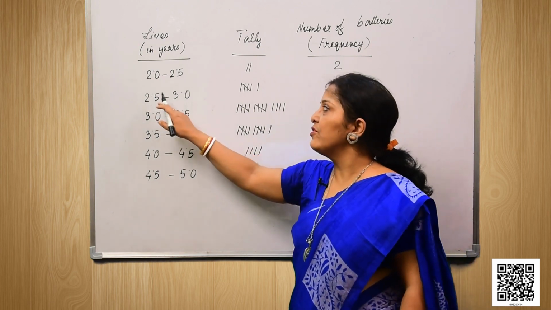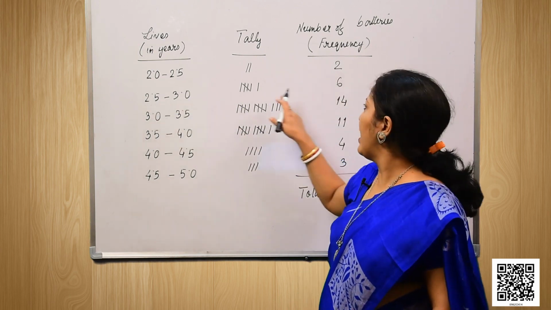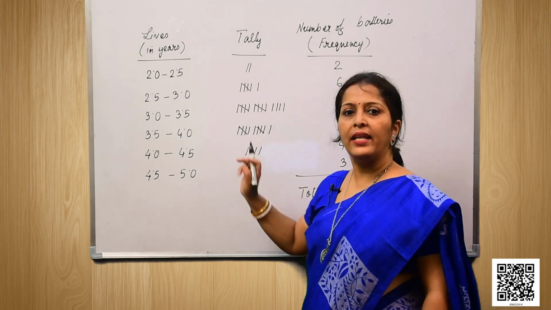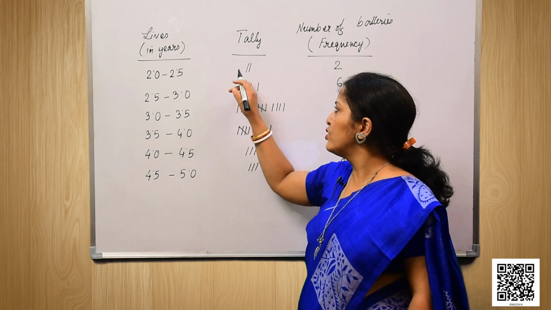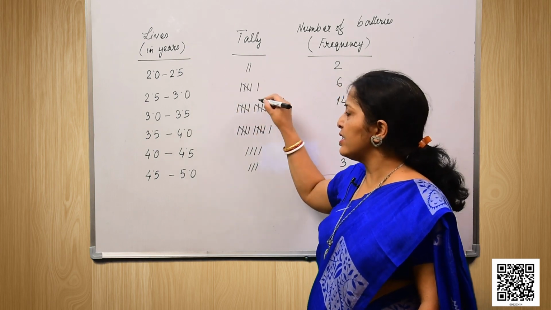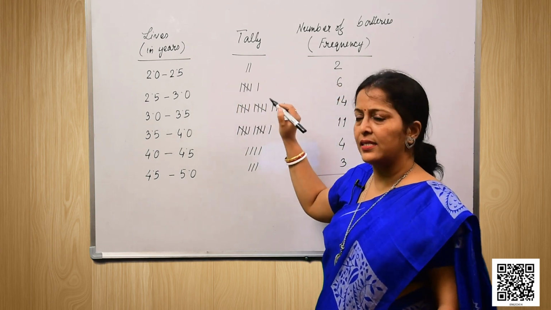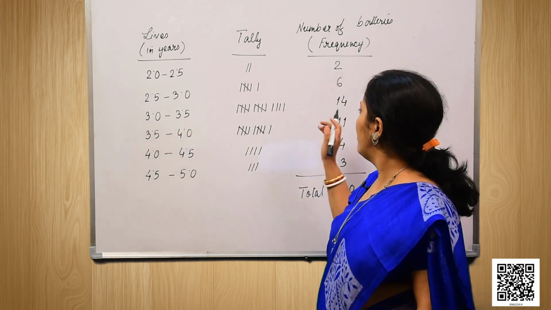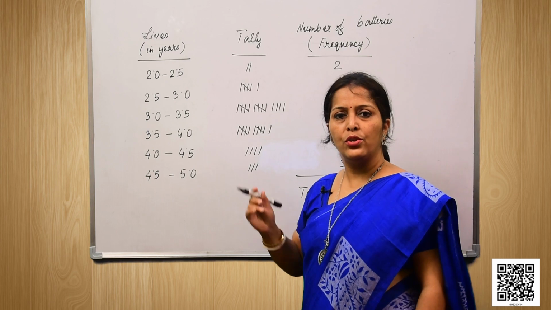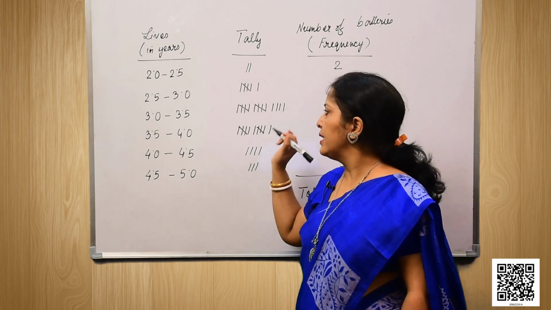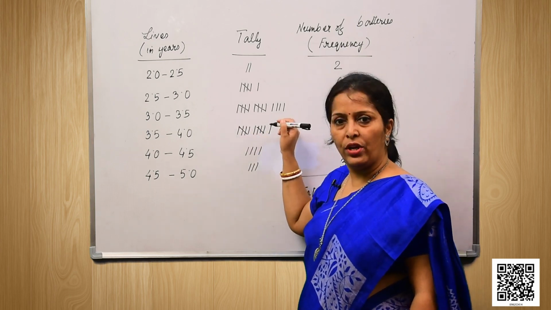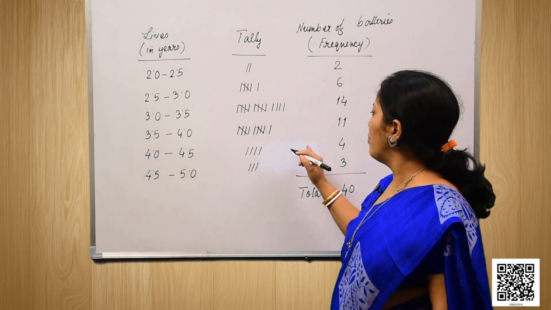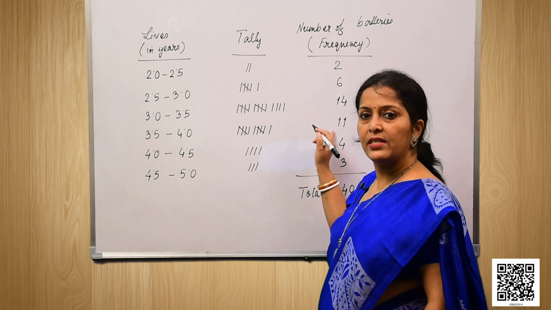Next 2.5 to 3.0, we have 6 numbers. So the frequency will be 6 and the tally will be 1, 2, 3, 4. We cut it to make it 5, then 6. Next 3.0 to 3.5, we have 14 such numbers. So the frequency is 14 and this will be your tally. Then in the next one, 3.5 to 4.0, we have 11 such numbers.